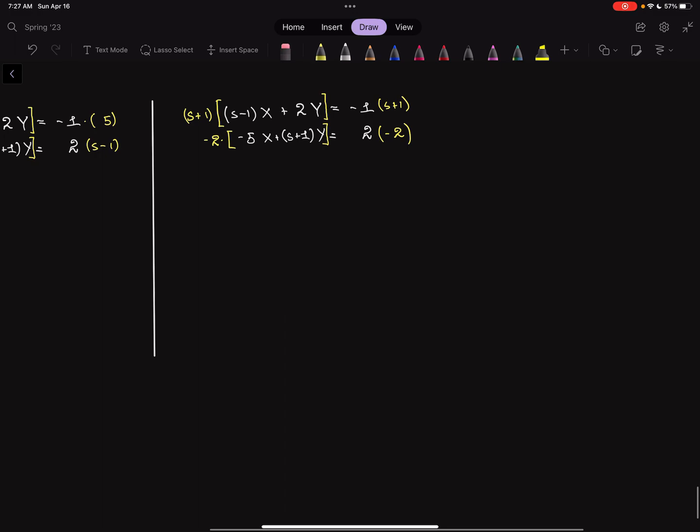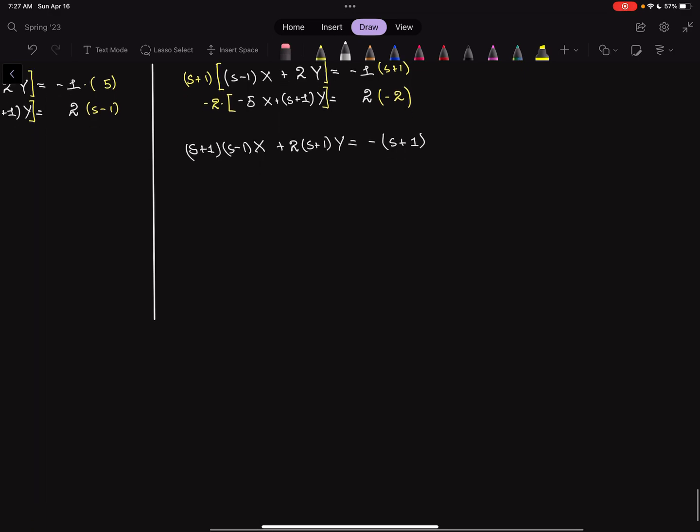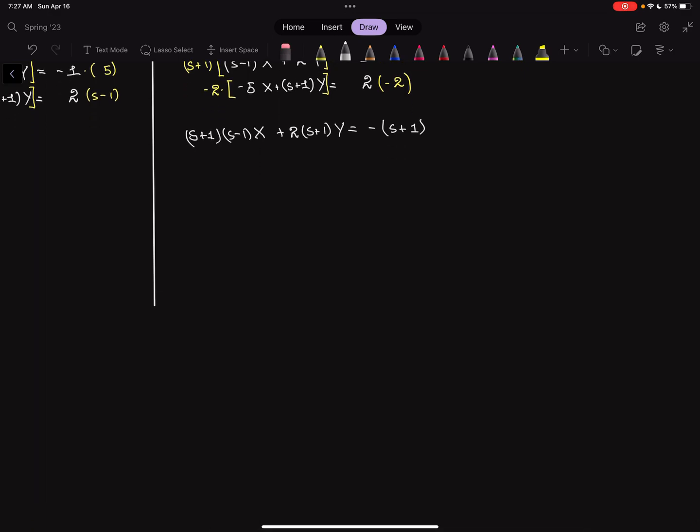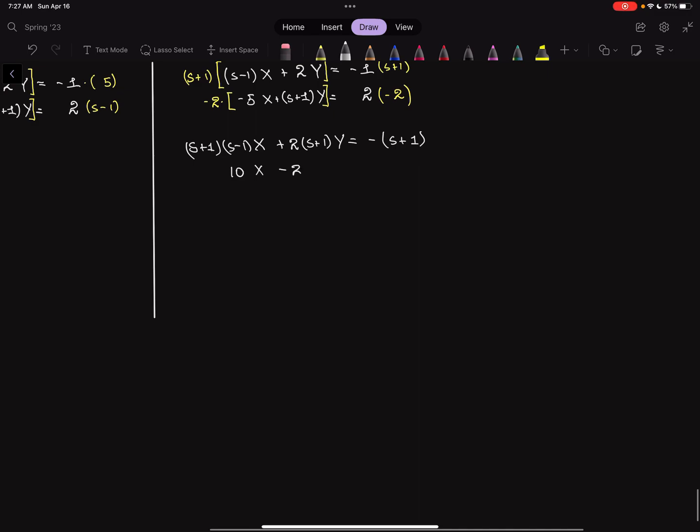In this case, we would get (s plus 1)(s minus 1)X plus 2(s plus 1)Y is equal to negative (s plus 1). And on the bottom, we have positive 10X, and then minus 2(s plus 1)Y equals -4.